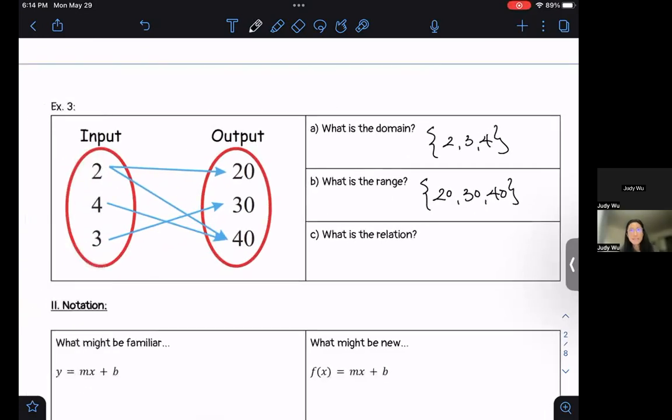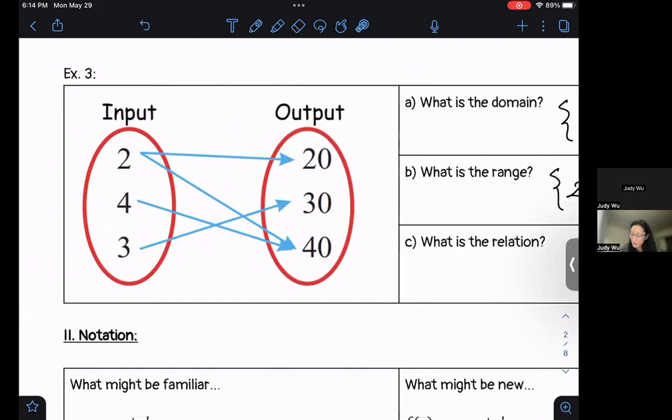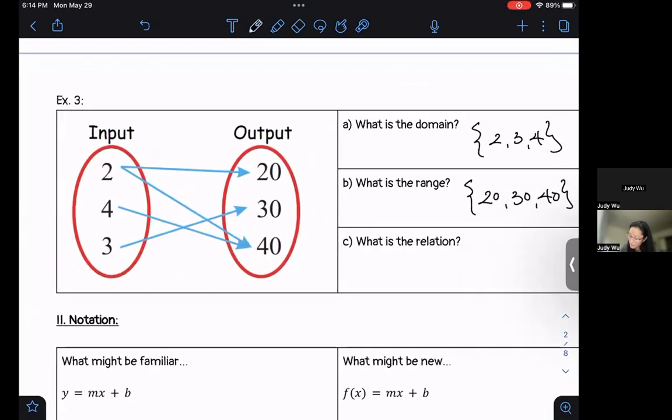Last but not least, let's find the relation. That means we need to find all of the ordered pairs from our mapping diagram. Let's go through them together. We have 2, 20. We've got 2, 40. We've got 4, 40, and we've got 3, 30.